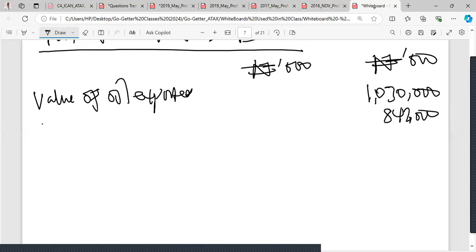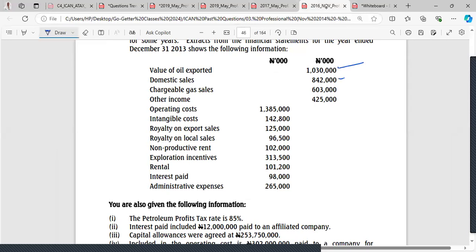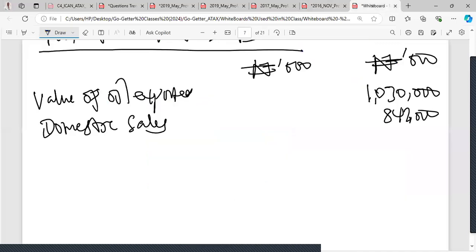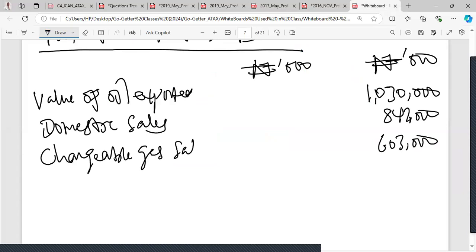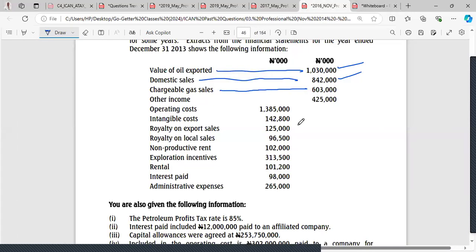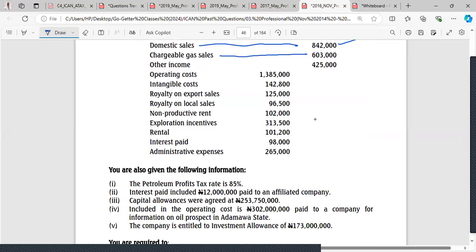Then we have chargeable gas sales, 603,000. Now you see here, you're not even doing workings in this. Now we have other income.